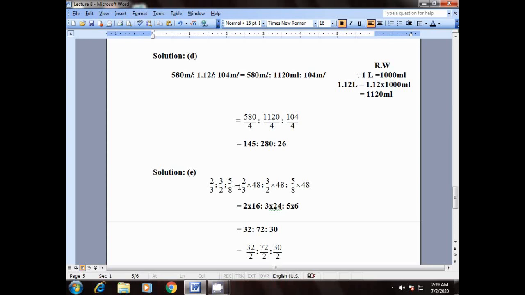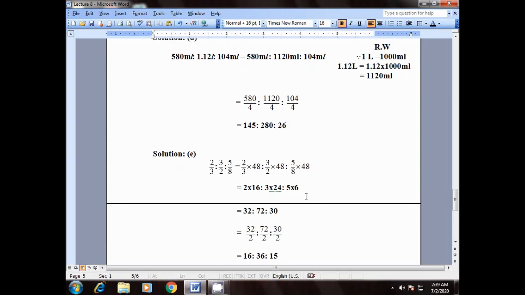Let's do it. 2 divided by 3 multiplied by 48. 3 divided by 2 multiplied by 48. And 5 divided by 8 multiplied by 48. Now 3 times 16 is 48, so dividing 48 by 3 gives the quotient 16. Then 2 times 16.